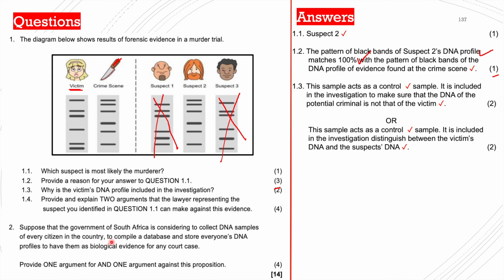So this is a cognitive level 4 question, right? It requires you to do some thinking and application to the knowledge that you already know. So what may this lawyer argue against the evidence that his client, suspect 2, is the potential criminal?